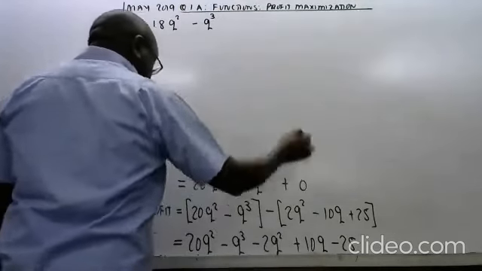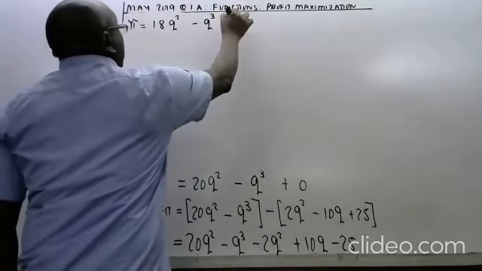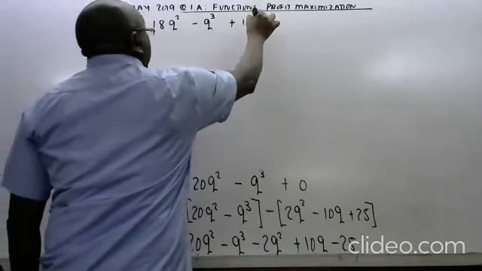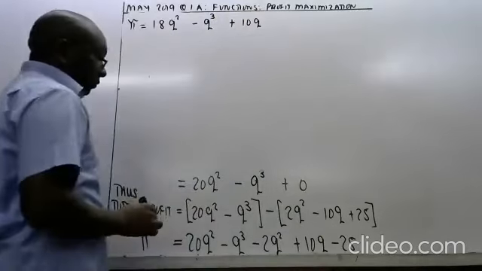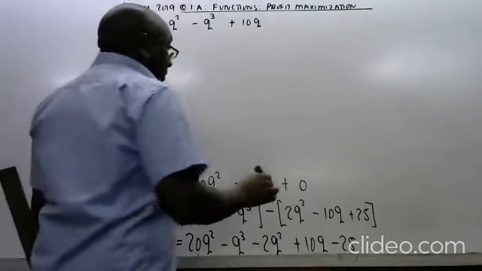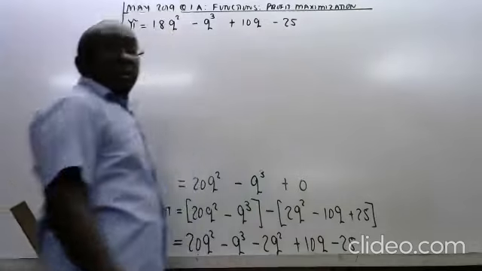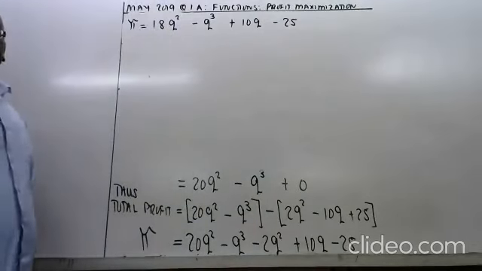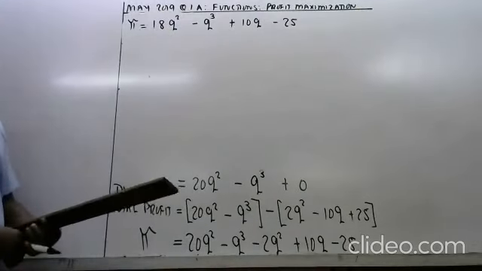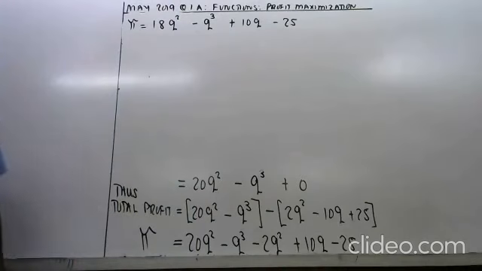Then this 10Q has no colleague, so plus 10Q minus 25. So that is the profit function.